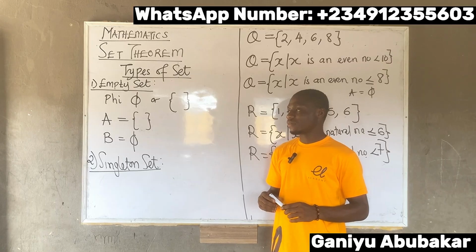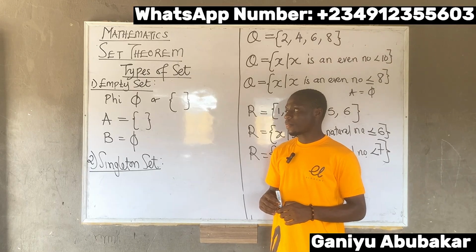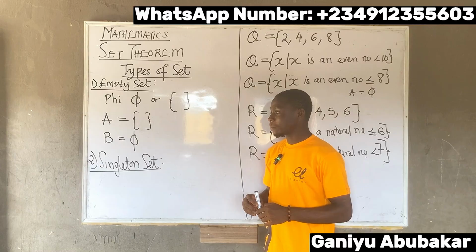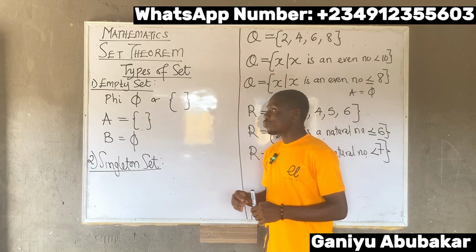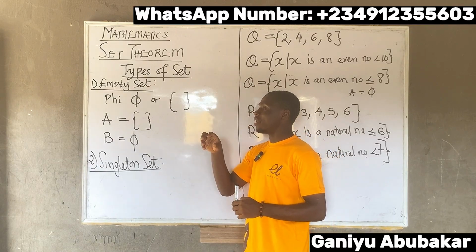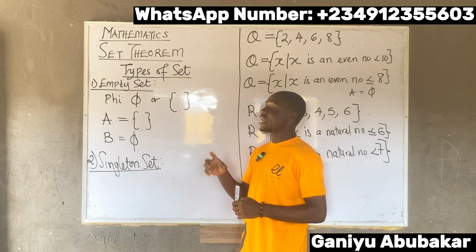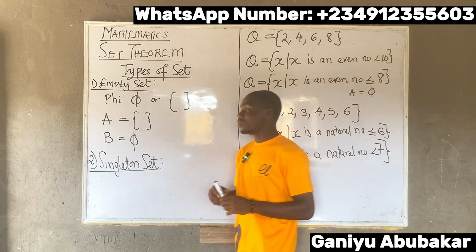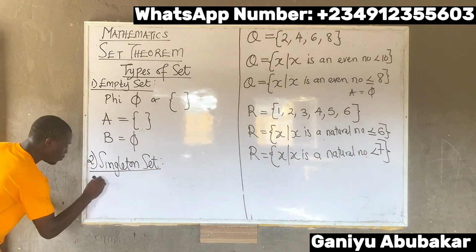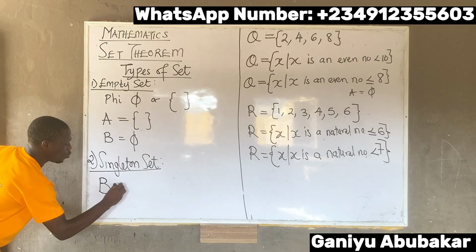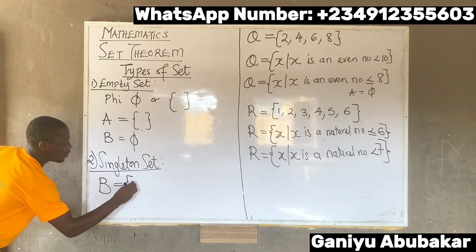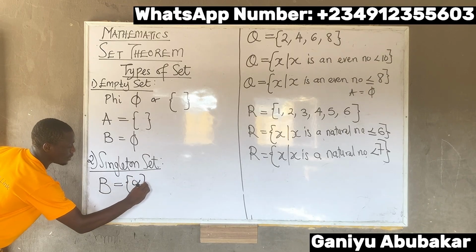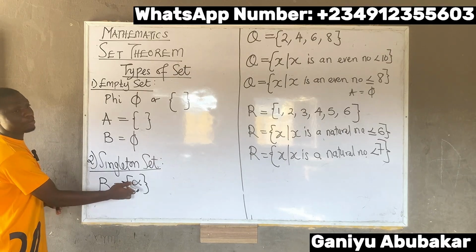Any set that has one element in it is called a singleton. What do I mean? If I have set B equal to, let's say, alpha, for instance, how many members are here?